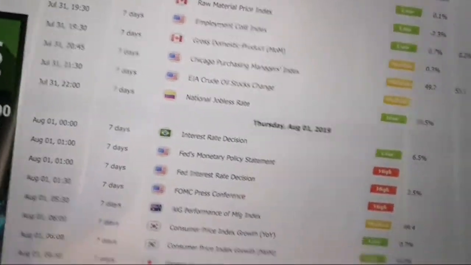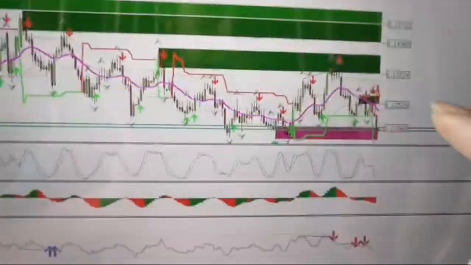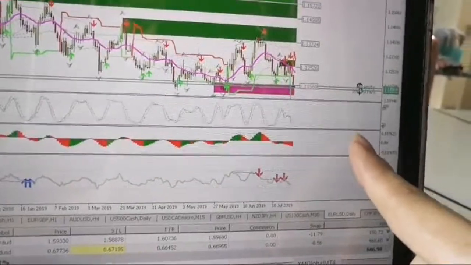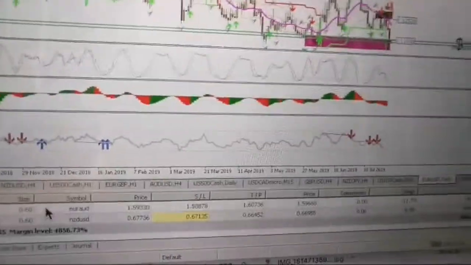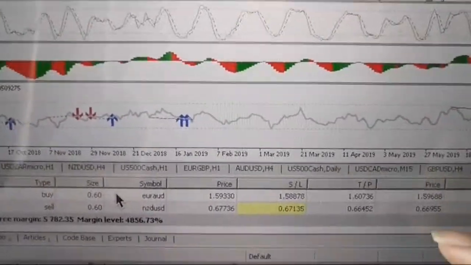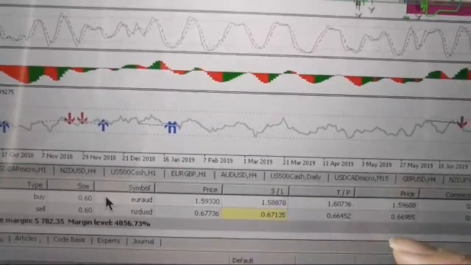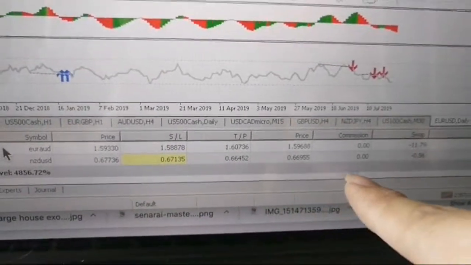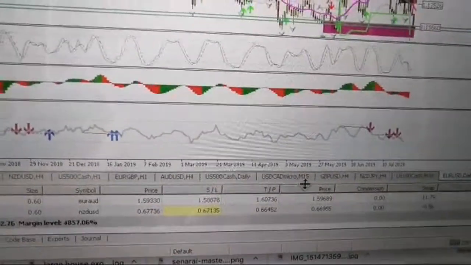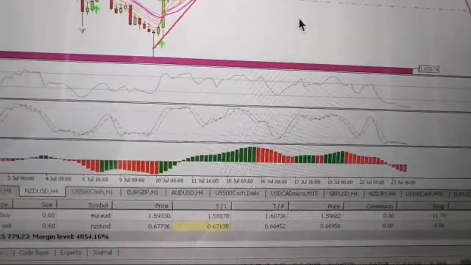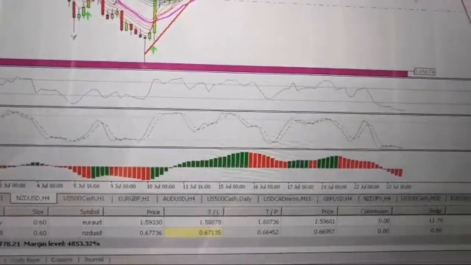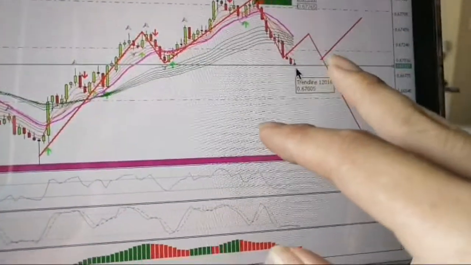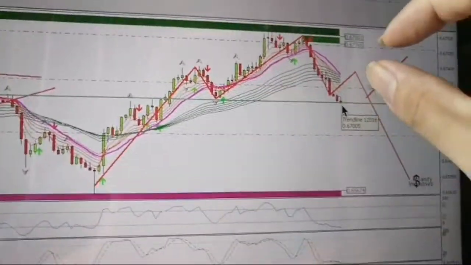Nonetheless, I'm going to be guiding you through this, and in the meantime, I want to show you the New Zealand USD trade. This currently is about 80 pips already. I expect that we can pick up probably about 100 from this, depending on when it's going to reverse. Obviously, I already have an exit point which really locks in a lot of profit.